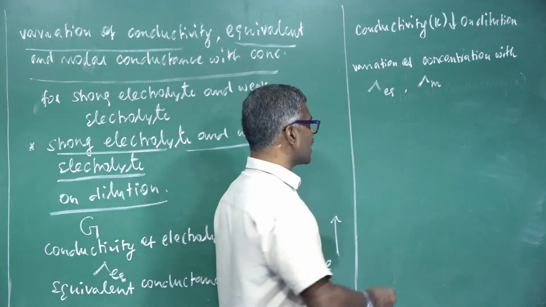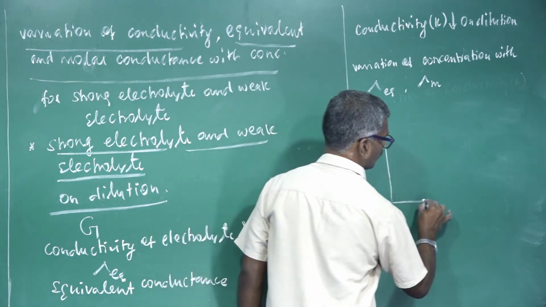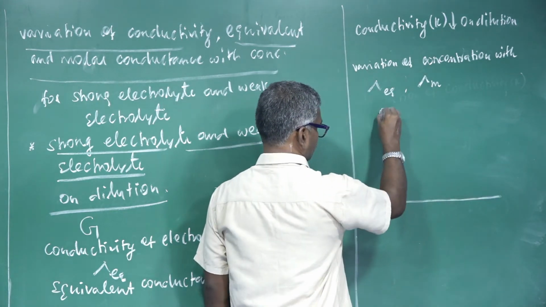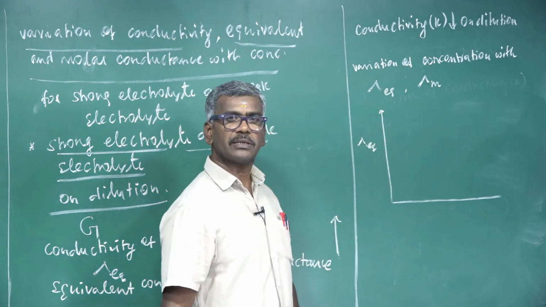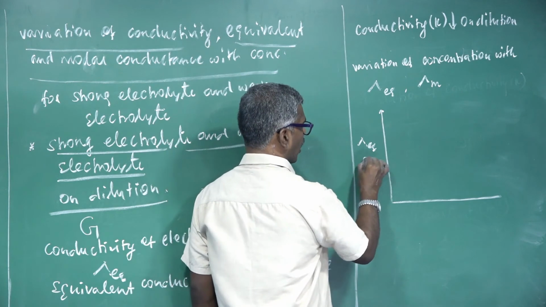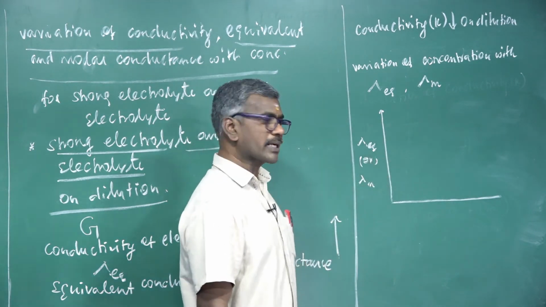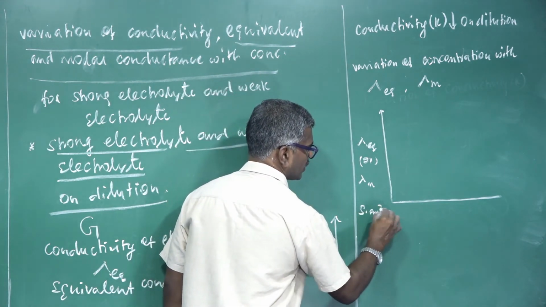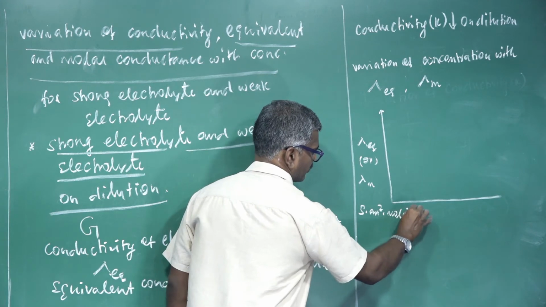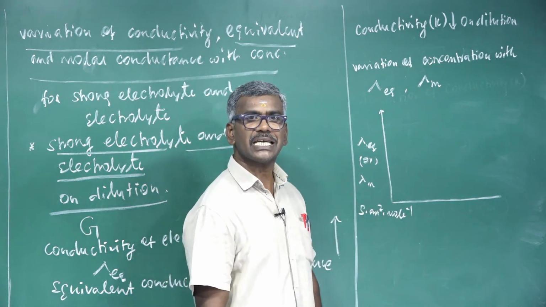This can be explained by plotting a curve between lambda EQ, the equivalent conductance, or lambda M, the molar conductance, unit Siemens centimeter square mole inverse.